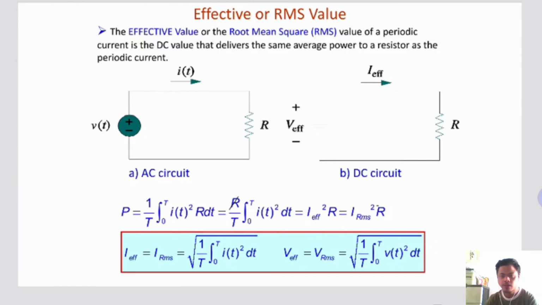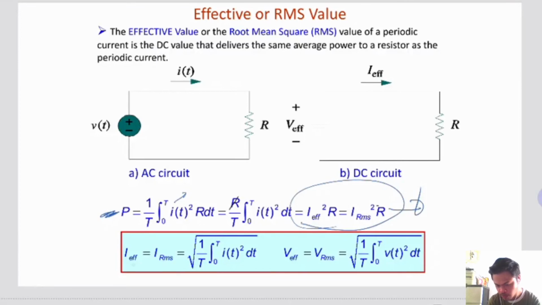To do that, we need to apply the formula for the effective or RMS value of those signals or functions. We can apply the formula for average power in AC circuits, and by applying it we can obtain the formula for the effective RMS value of those signals or functions.